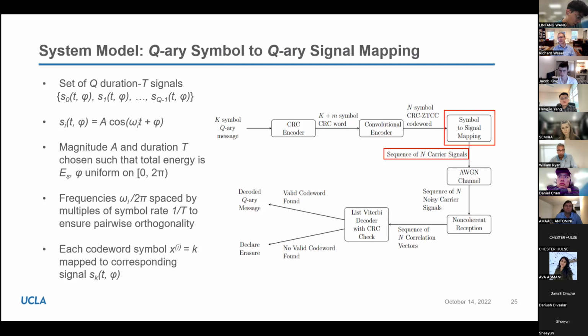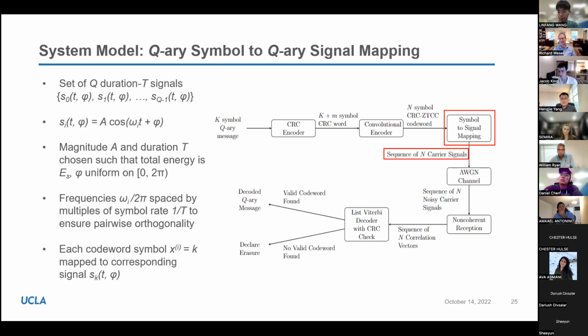Bill, is that consistent with your thinking? Sorry, I got it wrong. If Q equals 16, log base 2 of 16 is 4 bits, so it would be between 1 and 2 bits. Yeah, that's right.